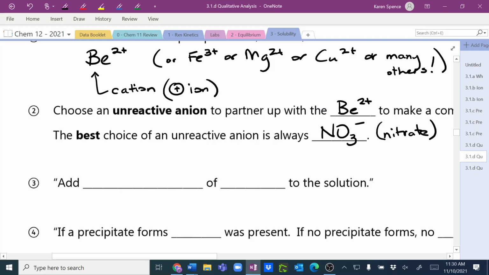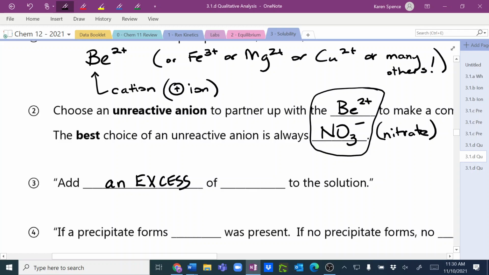And what would we write in our next step? Add an excess of, and then we need to make a compound out of beryllium nitrate.